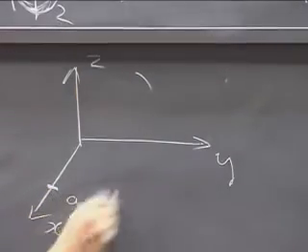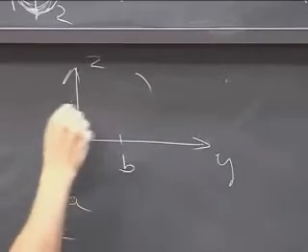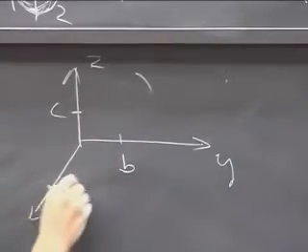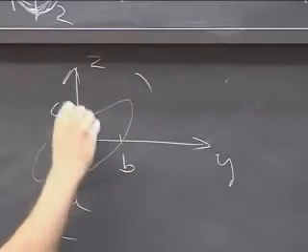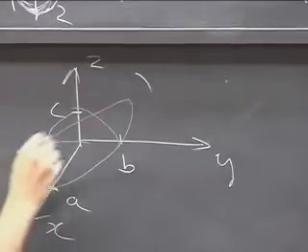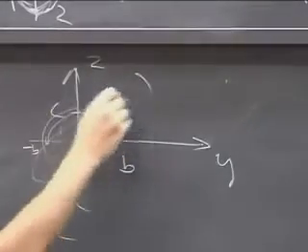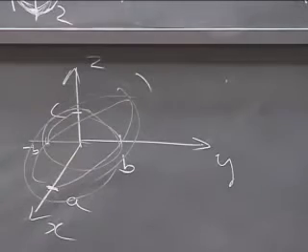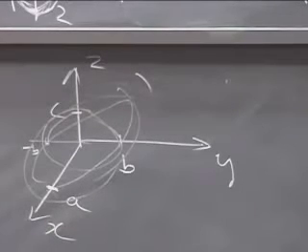That will have coordinates a, b, and c. It goes through minus b. It's a pretty poor drawing. Okay, but think of it as a sphere that's been stretched and squished along the coordinate axes.